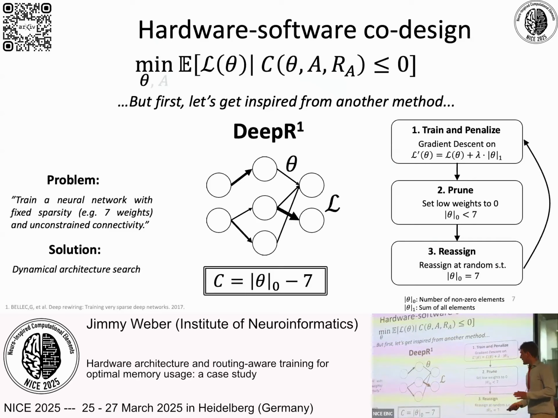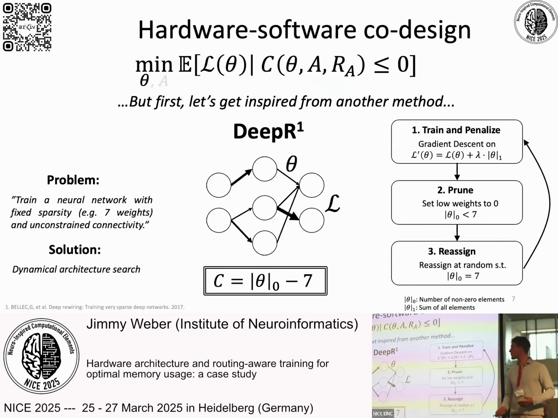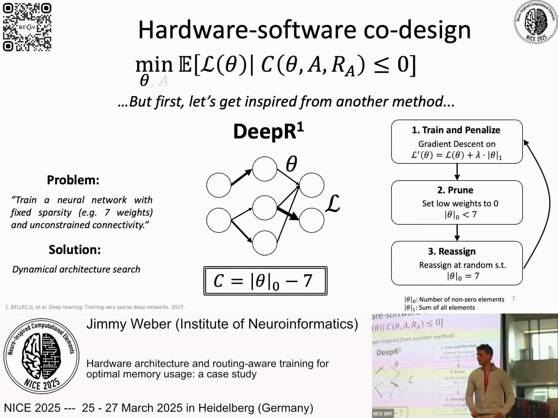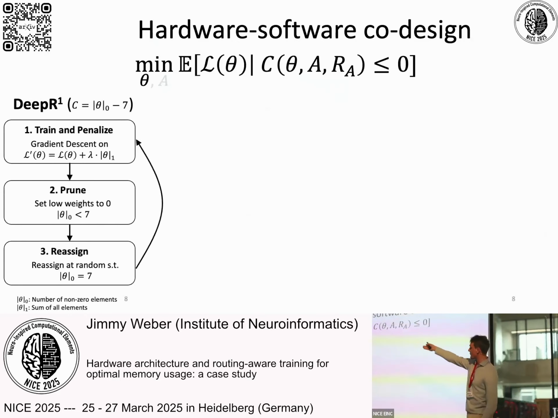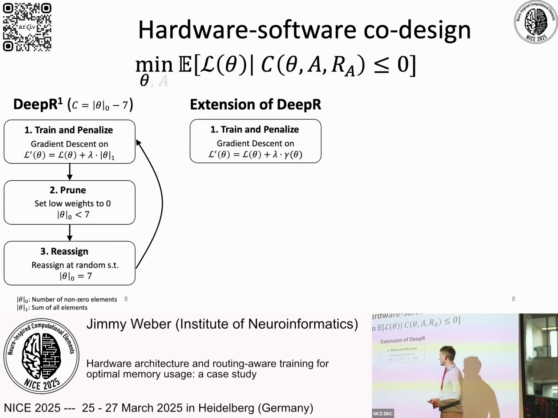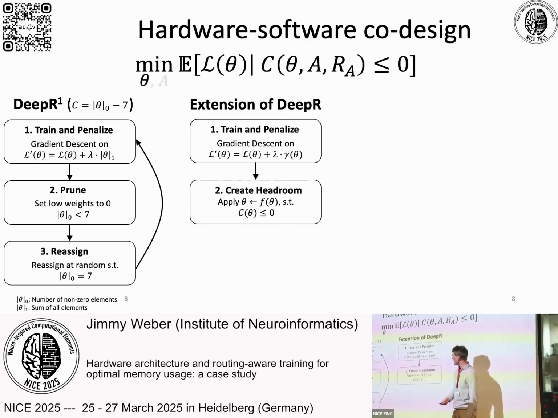So in the end, we can just take Deep R and make it a bit more general so that we are reconciling this overall formula. Here was the original Deep R, with the constraint being a fixed number of weights. But the extension of Deep R would be that we perform a gradient descent on the loss plus a certain regularizer gamma. Then we create some headroom, which means we reduce the load that we are putting on our constraints.